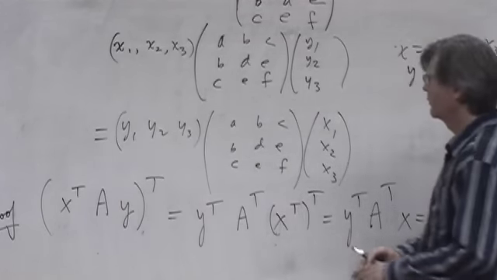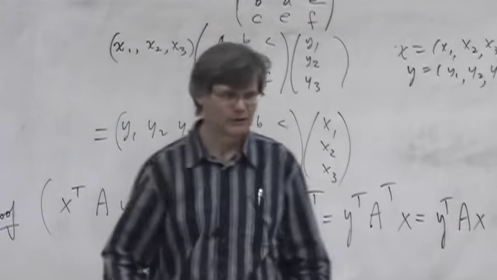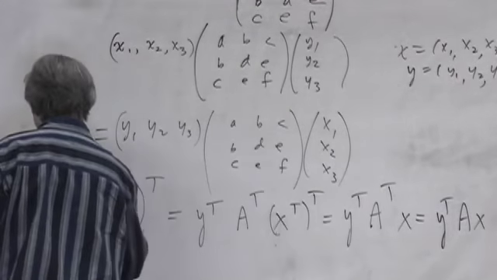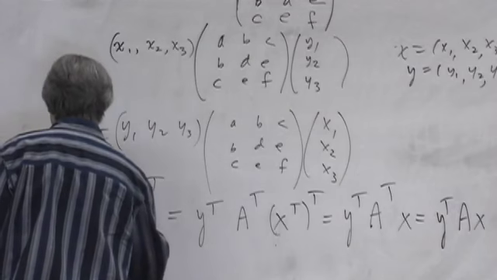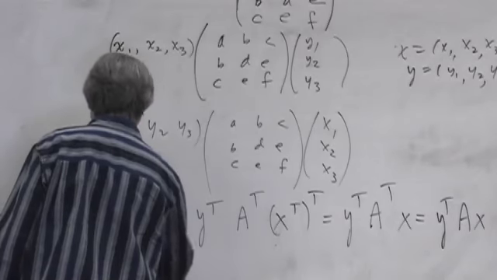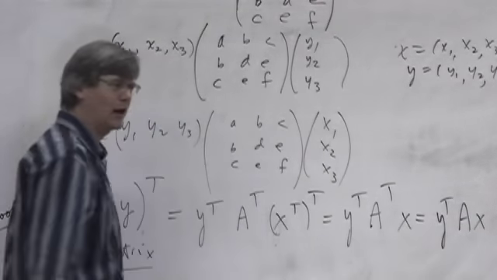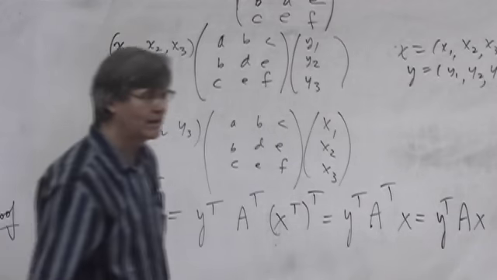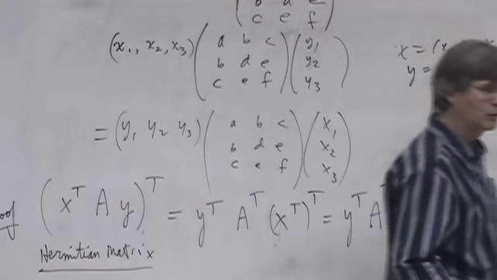Now also, what is a Hermitian matrix? That's one where you're taking complex values. So now I'm going to work with C3. So what do I have to do?